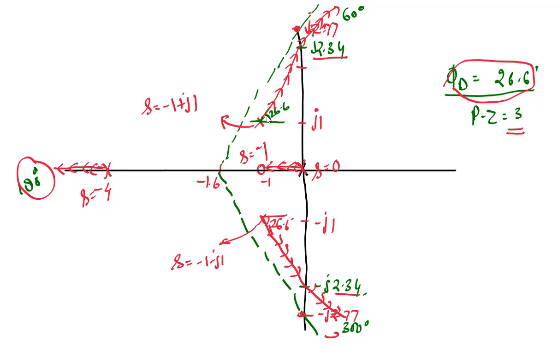So at an angle of 26.6 this pole will move in this direction and cut the j omega axis at j2.34, and it will terminate at infinity. Similarly for here, but in the negative direction. So this is all about the root locus.